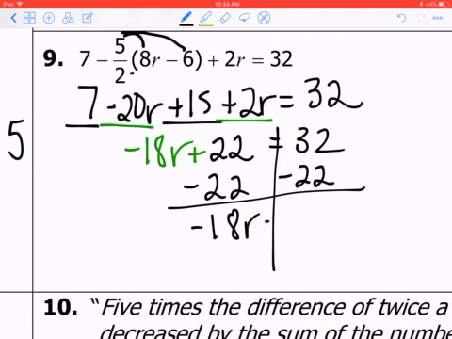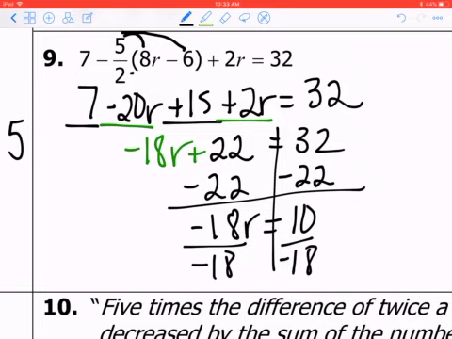And we have negative 18r equals 10. Divide each side by the negative 18, and we're going to have a fraction as an answer. So these are both divisible by 2. I'm going to simplify it to have a negative 5 over 9.